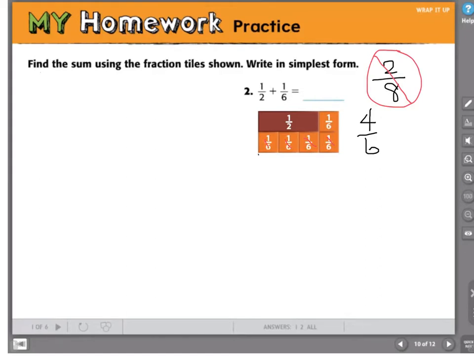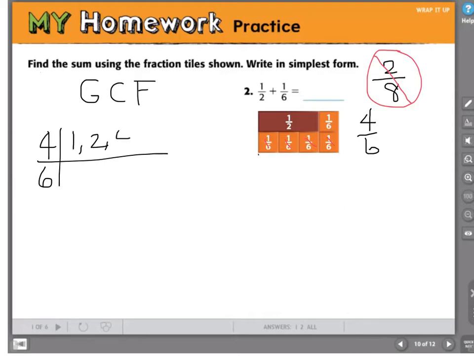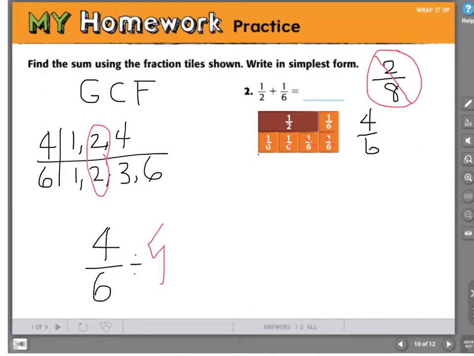To simplify it, we need the greatest common factor. I know that 4 and 6 should have some common factors. Factors of 4 are 1, 2, and 4. Factors of 6 are 1, 2, 3, and 6. The greatest common factor is 2. So I'm going to take 4 sixths, and I'm going to divide it by the big 1.